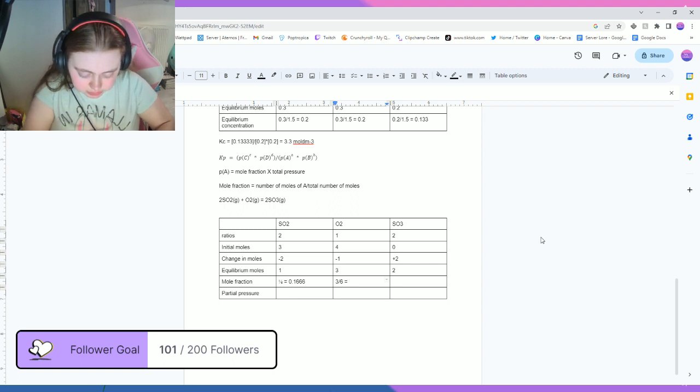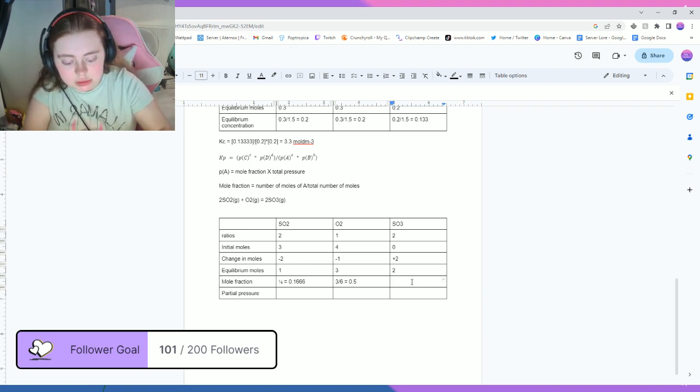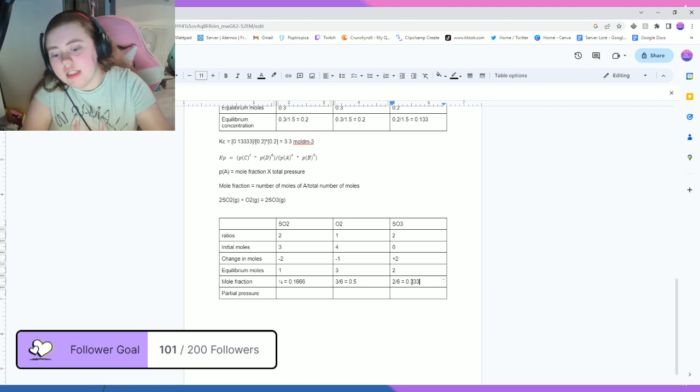I always have to check this. Yeah, 0.5. And then 2/6, which is 0.333 recurring.